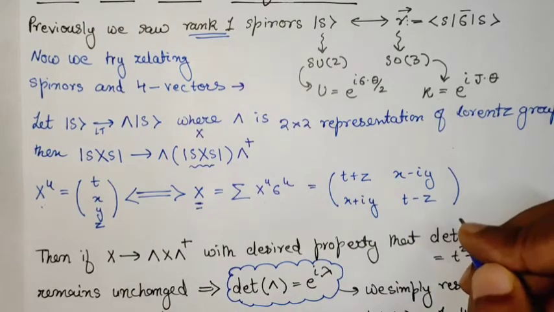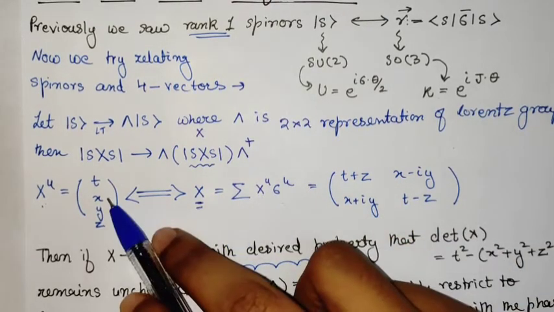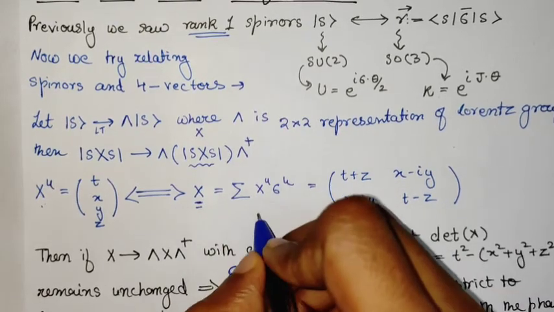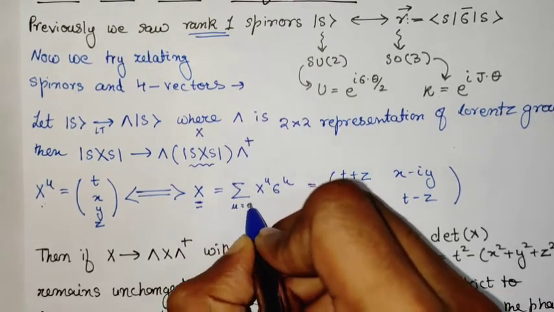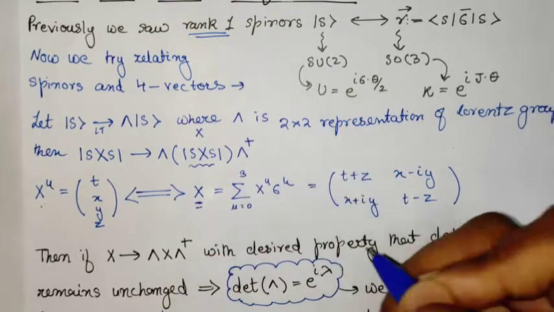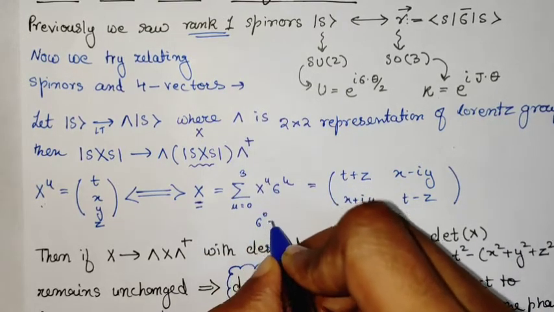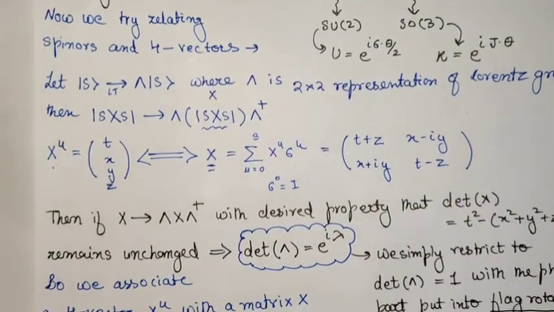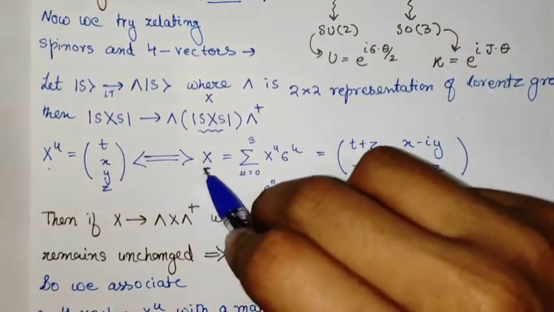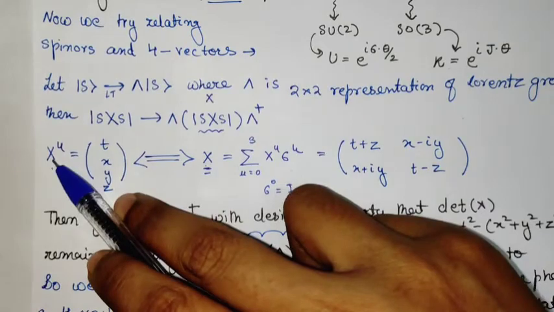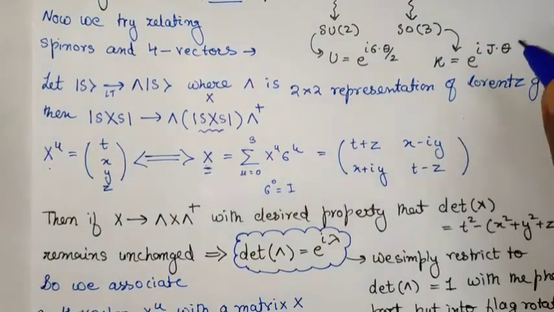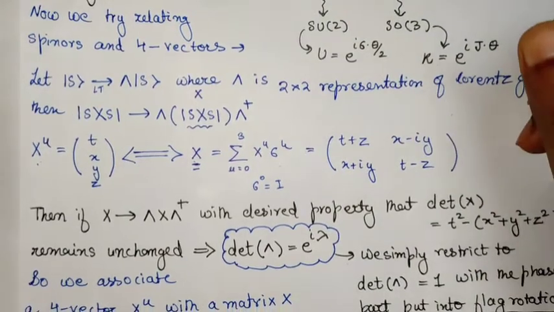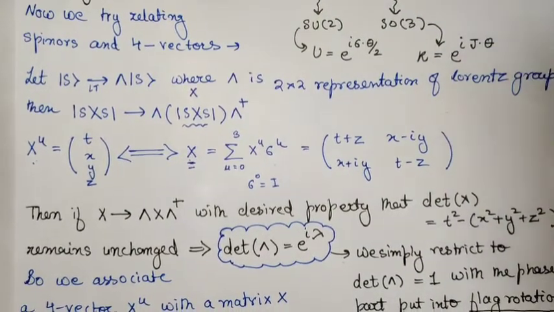It is simply a summation over the 4 vector components times sigma mu, where mu varies from 0, 1 to 3, and sigma 0 is the identity, and the other sigmas are the 3 Pauli spin matrices. This 1-to-1 correspondence between a 4 vector and a Hermitian matrix X is what will be useful to understand spinors and Lorentz transformations.